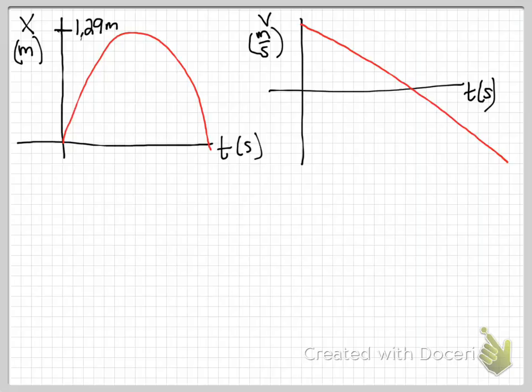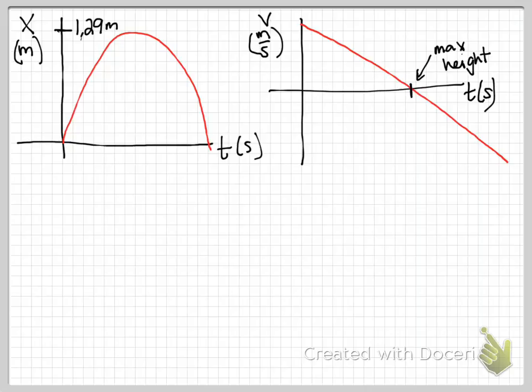And at some point he crosses 0, and the point he crosses 0, that's the highest point in his motion. So this point right here is max height. And again, that's important because that shows us that at his maximum height, his velocity is 0.